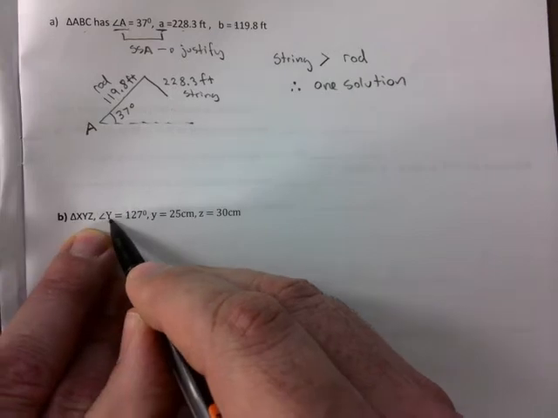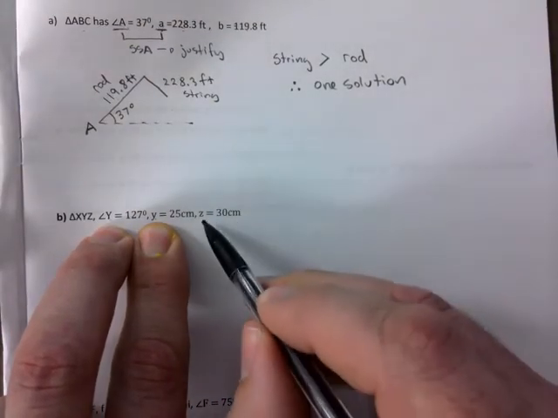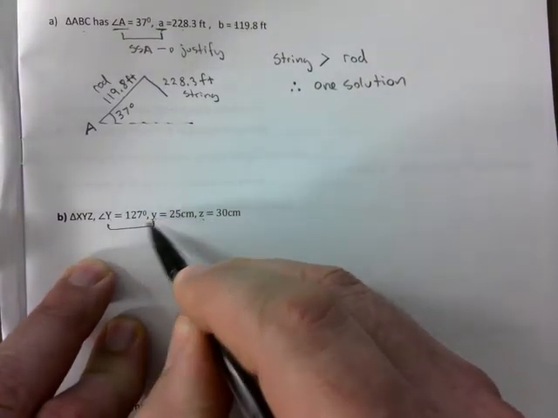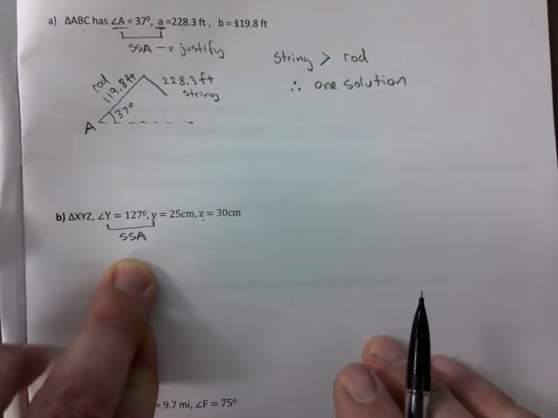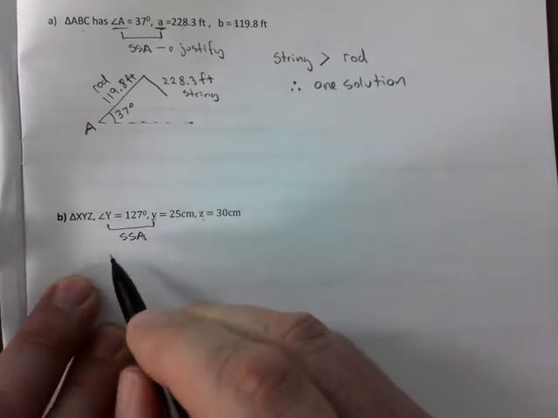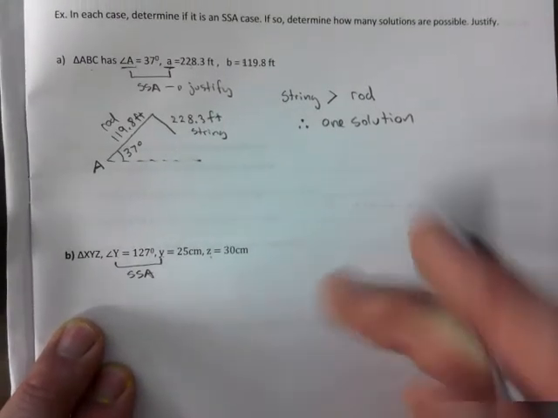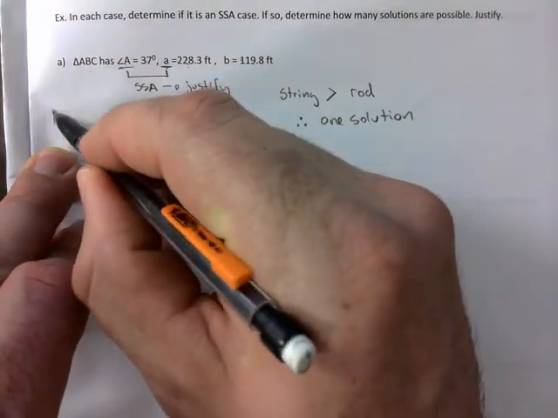XYZ, angle Y, side Y. Oh, I have a pair. There's a sine law and another side. So this is SSA. I'm going to make a lot of SSAs happening here. What kind of angle do I have here? Acute.